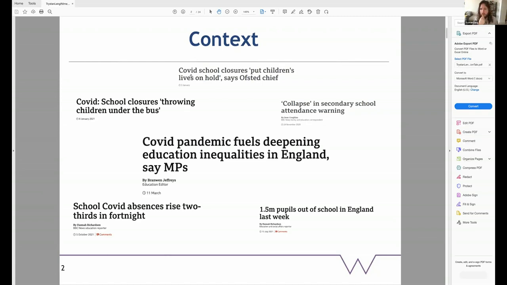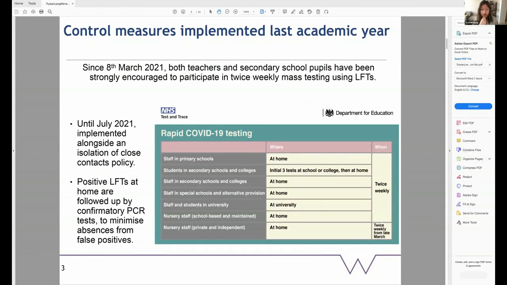What control measures have been implemented in schools in the UK? A number of measures have been implemented, but there are two that I think are central to what's been happening in schools. Firstly, throughout the 2020-21 academic year, schools implemented an isolation of close contacts policy.